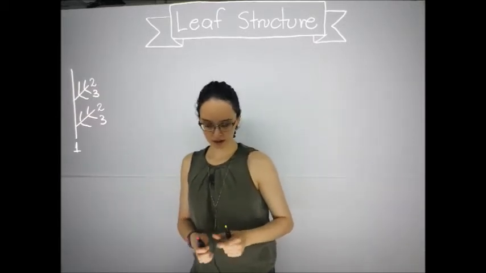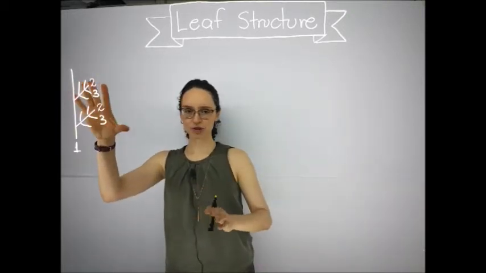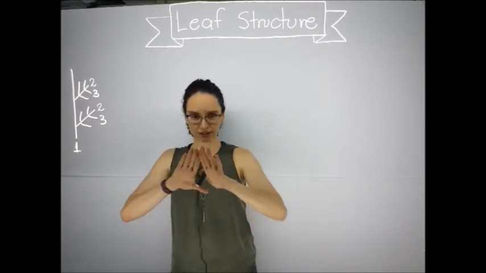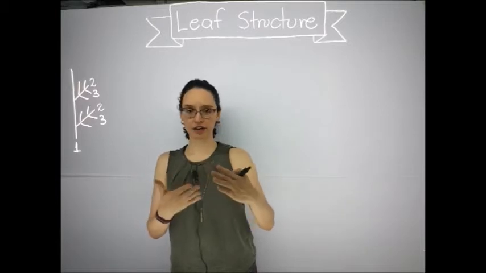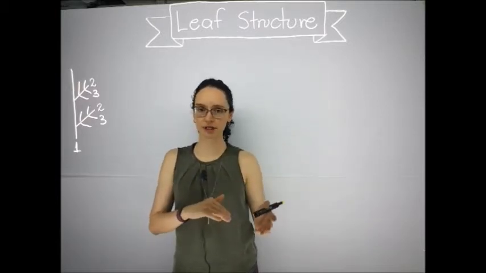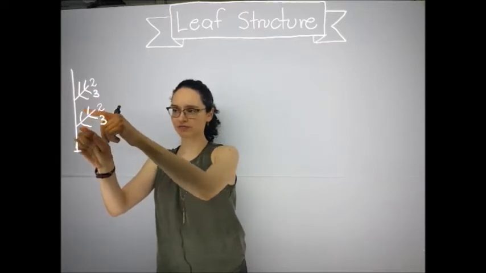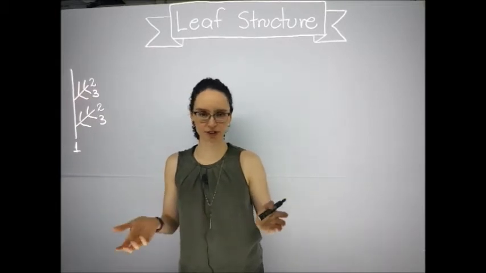So I'm going to draw this exact same structure multiple times, and then I'm going to draw the blade, which is the flat photosynthesizing part of the leaf, in different ways so that we have the compound leaves and the simple leaves, and you're going to see how they grow around the vascular system, and that will allow you to identify one type of leaf versus another.